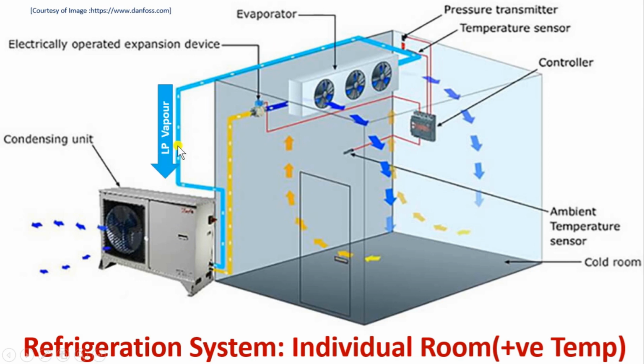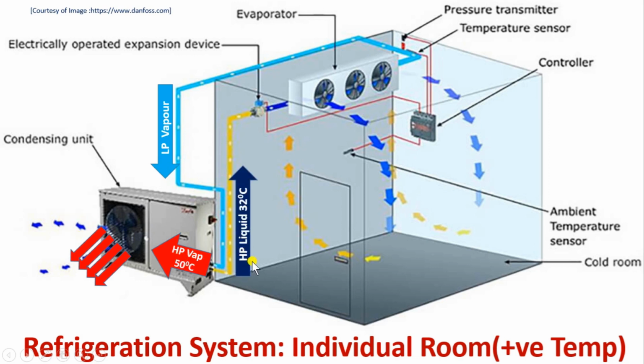Low pressure vapor from the evaporator passes to the compressor, where it is compressed to high pressure and high temperature vapor refrigerant, which goes to the condenser. By rejecting heat to the atmospheric air, it is converted into liquid. So from condenser, high pressure liquid refrigerant passes to the expansion valve.